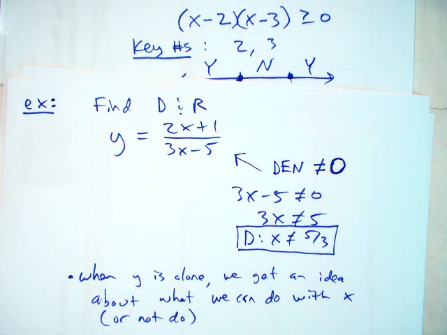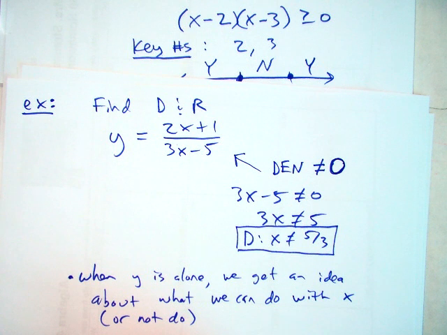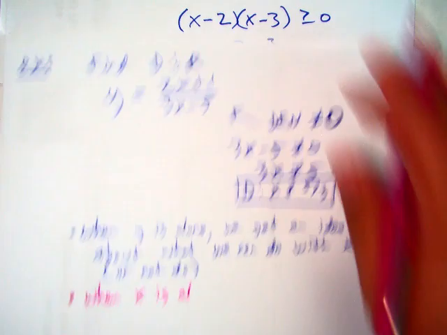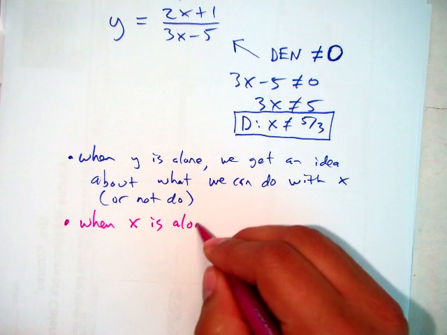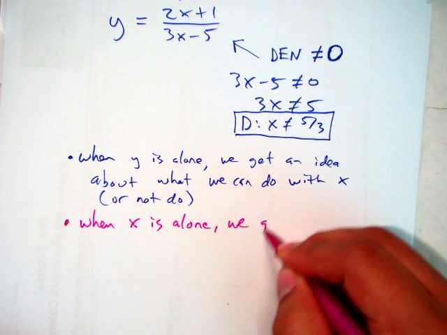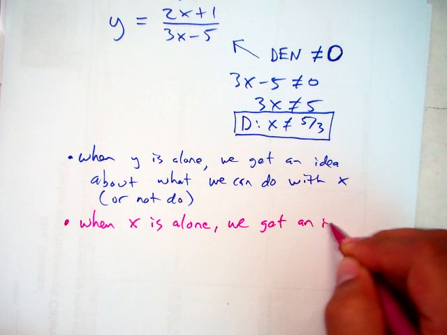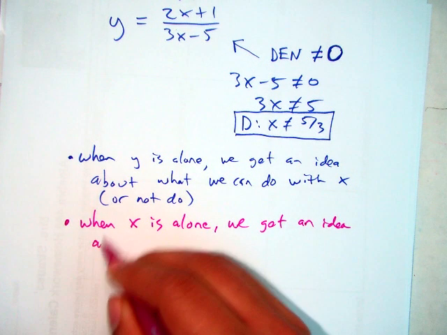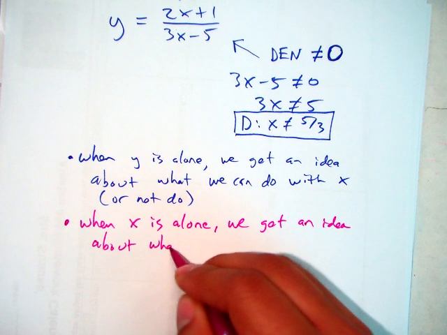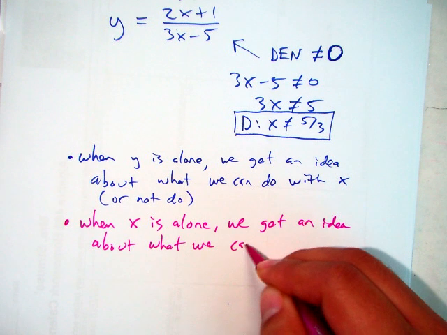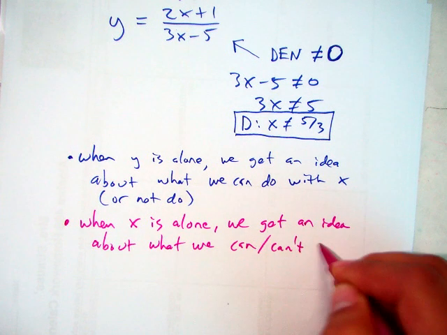So here's the key that's going to help you guys. When y is alone, we have a good idea about what we can and can't do with x. When x is alone, we get a good idea about what we can or can't do with y.